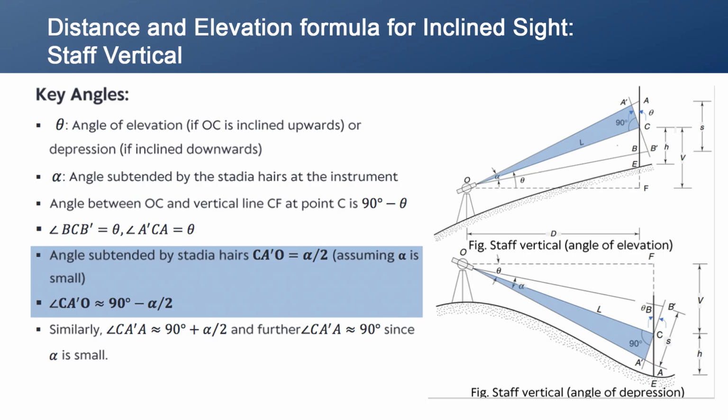The small angle subtended by the stadia head, COA', is alpha by 2.